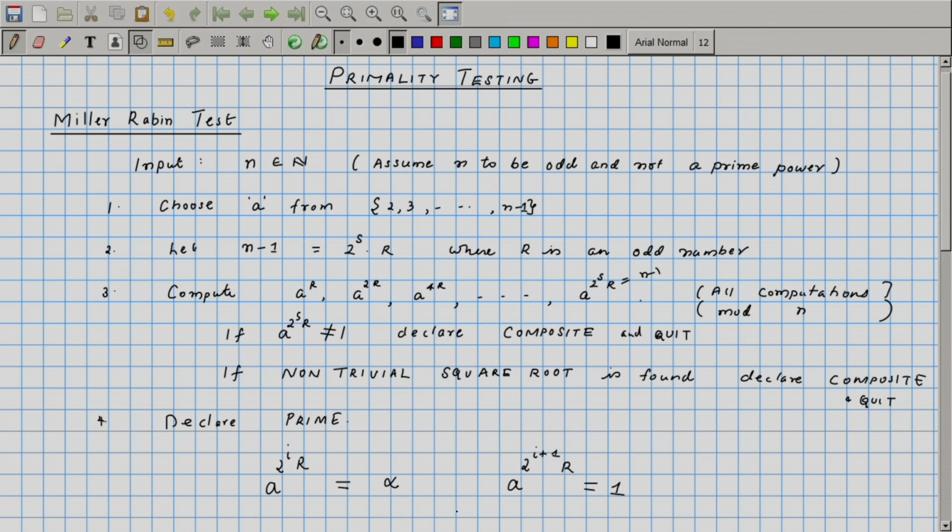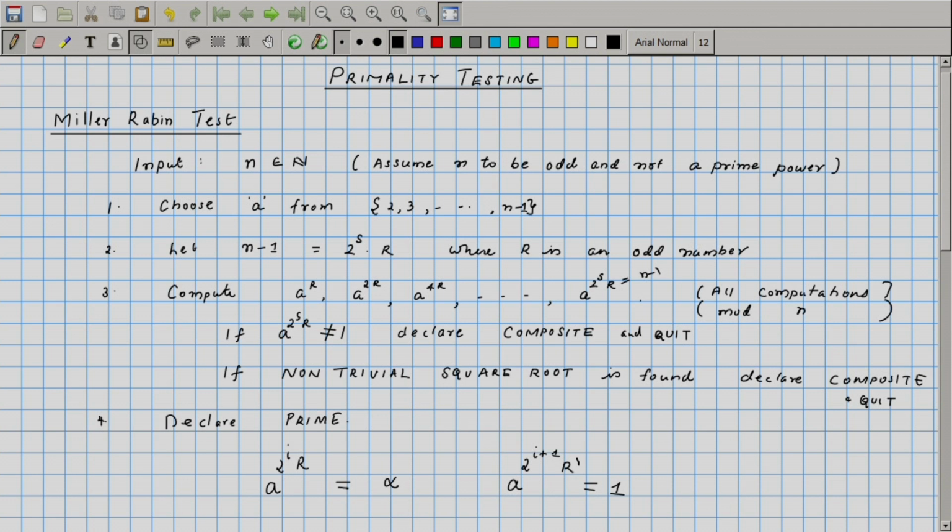Now, we have argued in the last class that if you take n to be a prime number, then there will not be any non-trivial square root of unity. That is, there cannot be any numbers other than 1 and p minus 1 which squared give us identity.